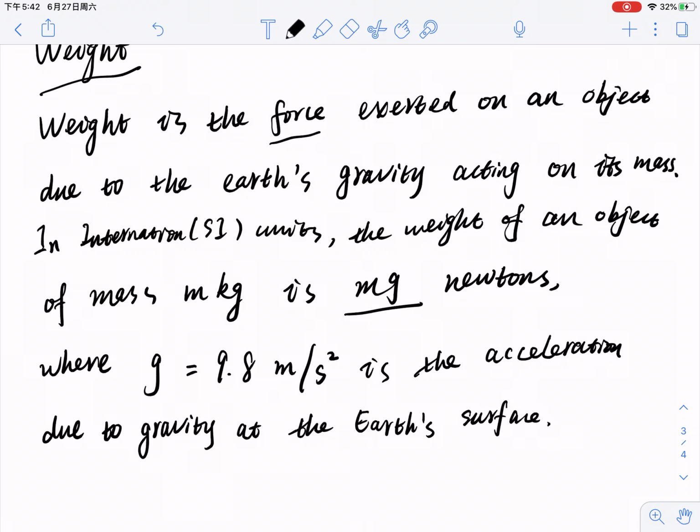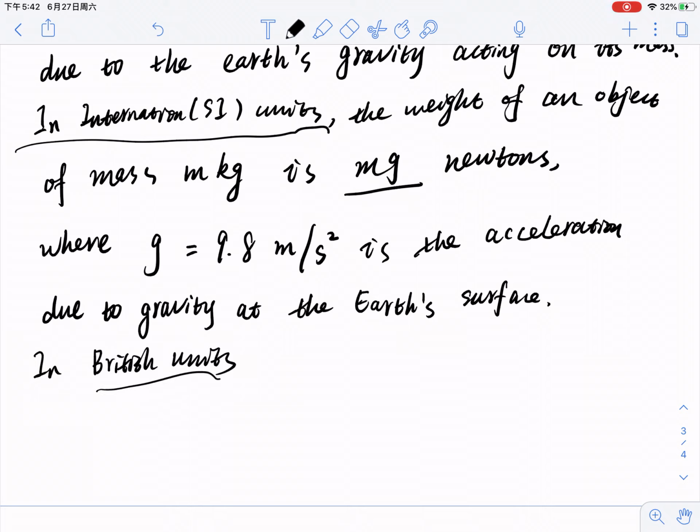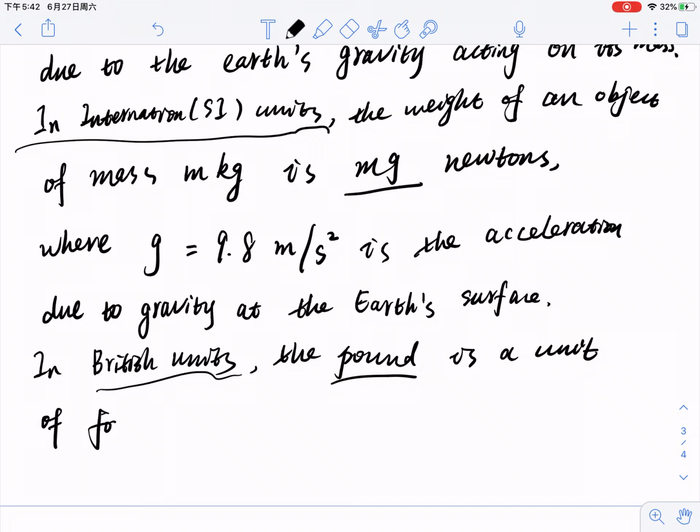This is in international units. In British units, the pound is a unit of force. This is not a unit of mass. The pound is a unit of force.